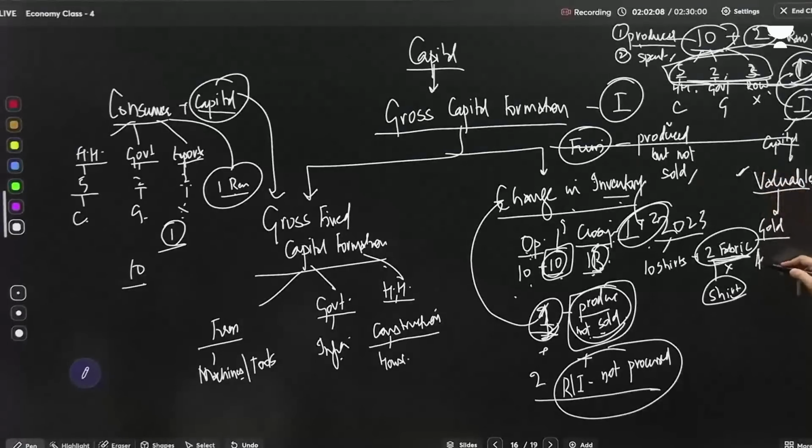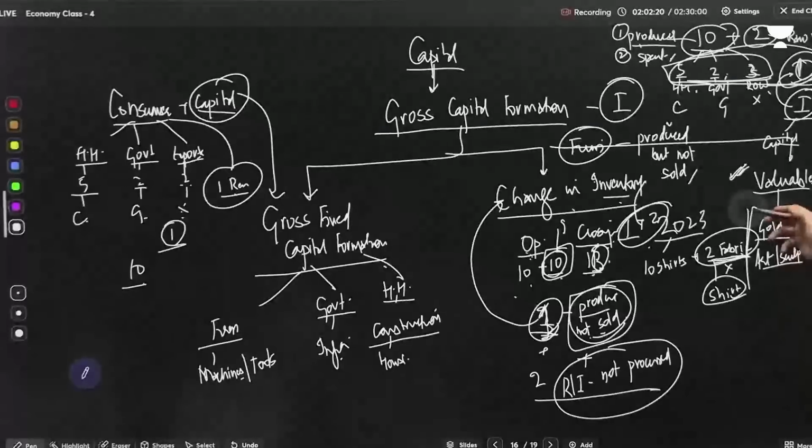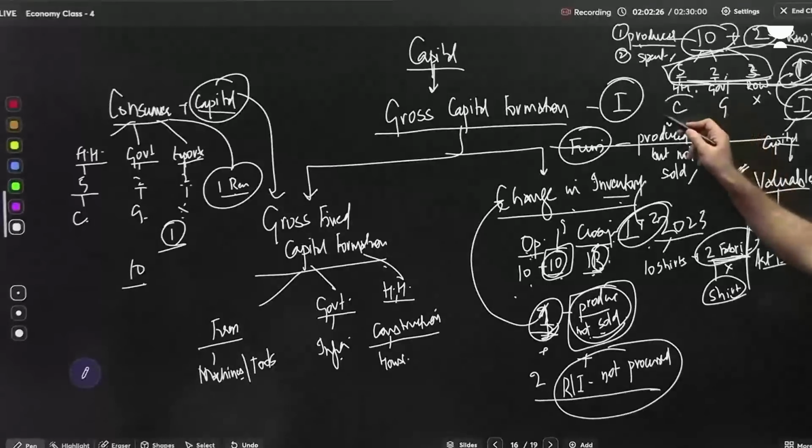Someone has bought a piece of art or sculpture. Ideally, this should have been counted under consumption. We are not counting under consumption, we are counting under valuables. Change in valuables, that is jewelry made of valuable items, gold or any other valuable item, and also art and sculpture pieces. This is actually the expenditure of household. We are not including it there, we are including it under capital.